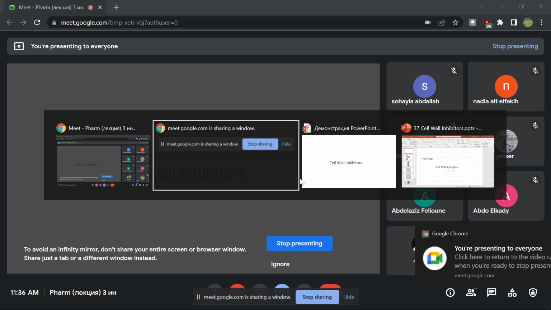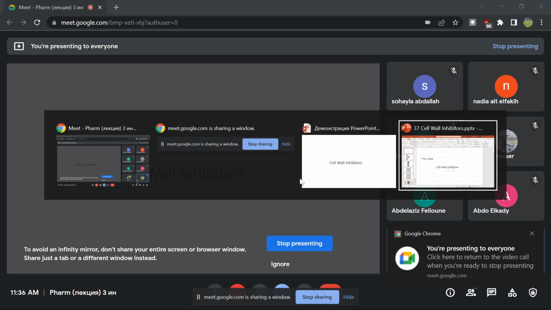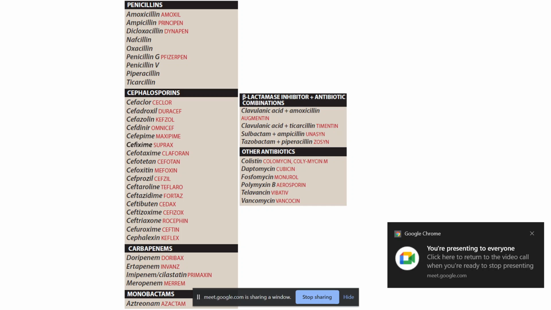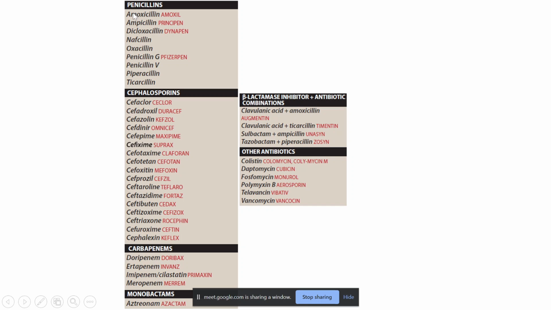So the cell wall inhibitors include several groups. Penicillins, and penicillins are the safest antibiotics and the first group of antibiotics that was discovered by Fleming.